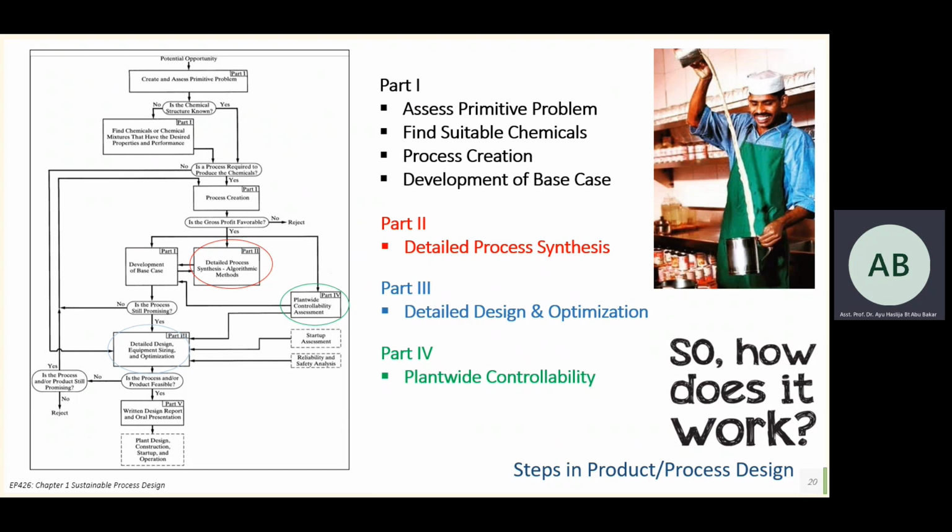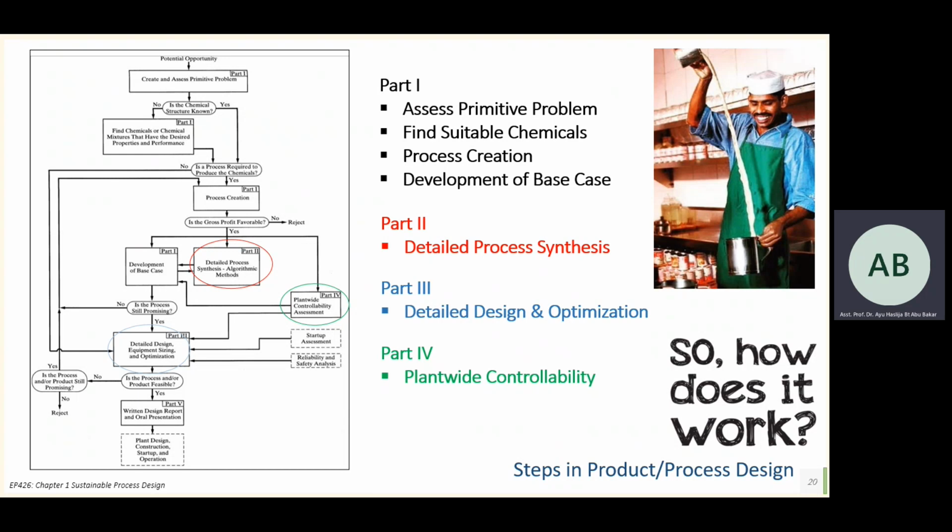Okay, development base case, the basic process of all things. Okay, so once you identify the development of base case, the basic thing, raw material, put in mixer, stir, then you get your product. Okay.